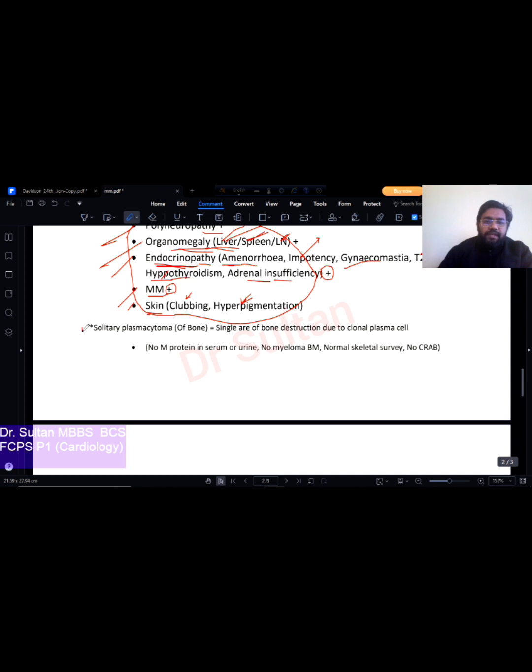Now, the solitary plasmacytoma of bone, what is this? A single area of bone destruction due to clonal plasma cell. Okay, there is only a single area having bone destruction, and it is due to clonal plasma cell, but there will be no M protein in serum or urine.